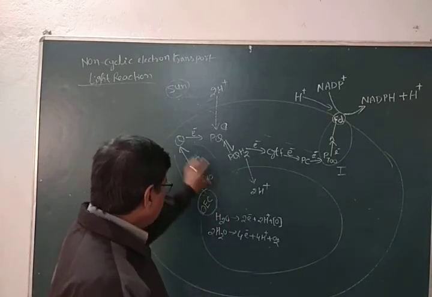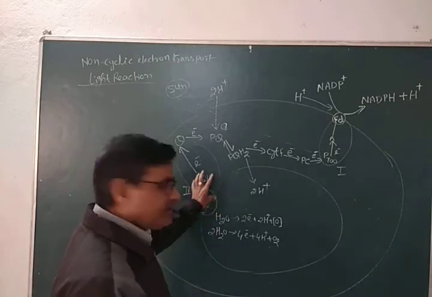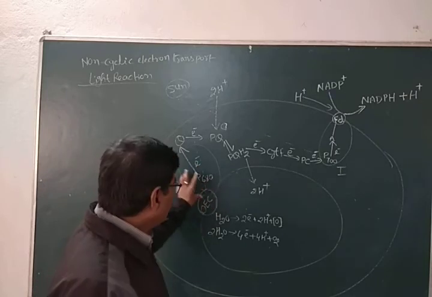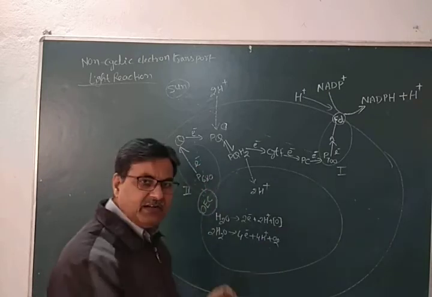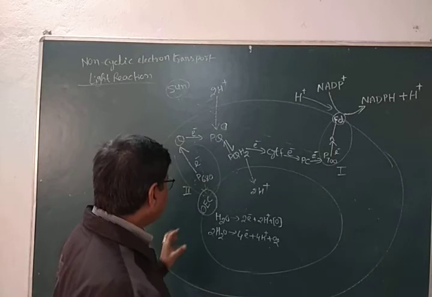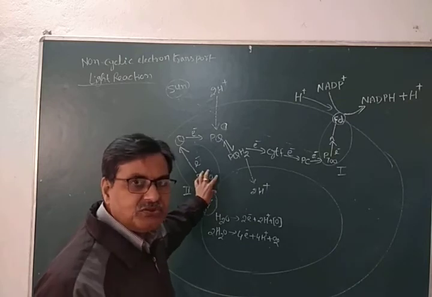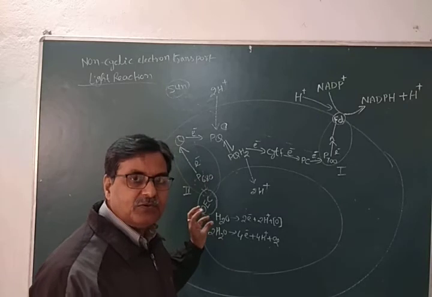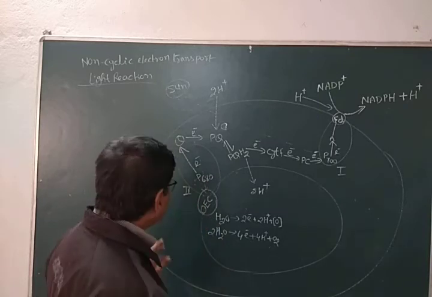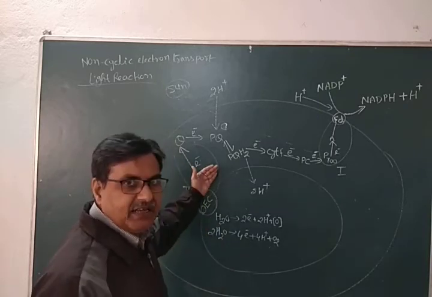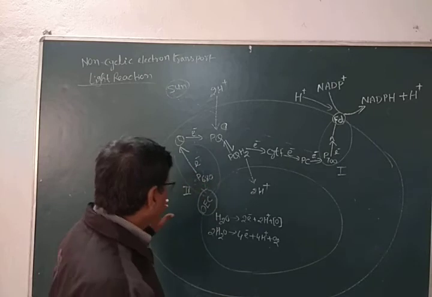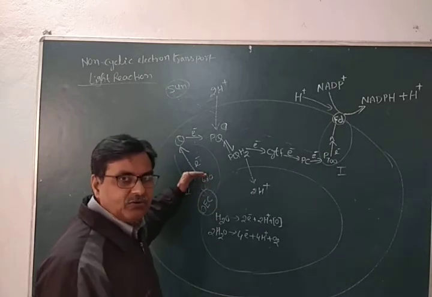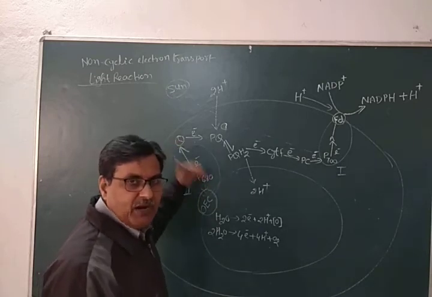So what we learned here is that in photosystem 2, the different pigments trap the light energy and provide it to the reaction center, which consists of chlorophyll A680. It comes into the excited state, and due to this excitation the high energy electrons jump outside.